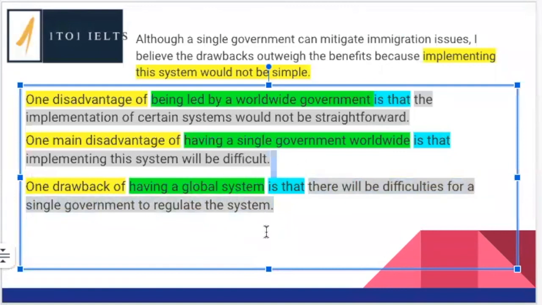So Marisol was saying, should we say systems? But we already mentioned here that we're talking about a global system. So the system we're referring to is this system, and this system is singular because it's a global system. So no need for this to be plural. Rajat mentioned a difficulties. So do you mean having a here?